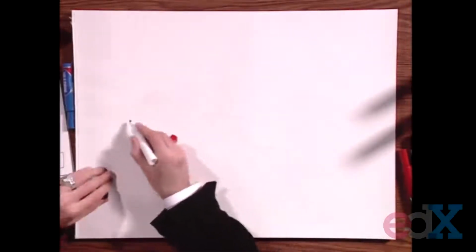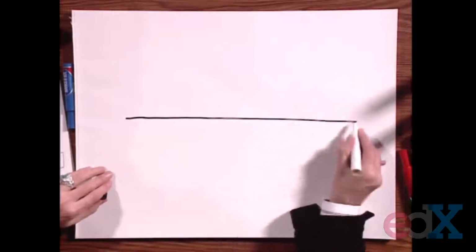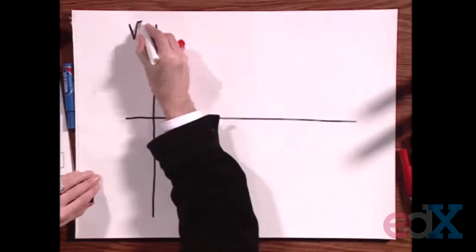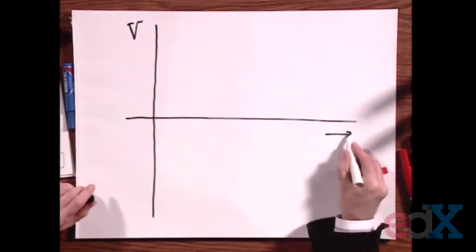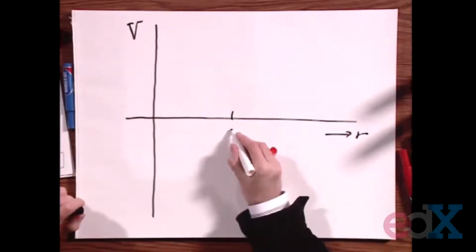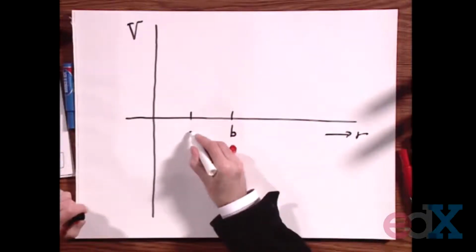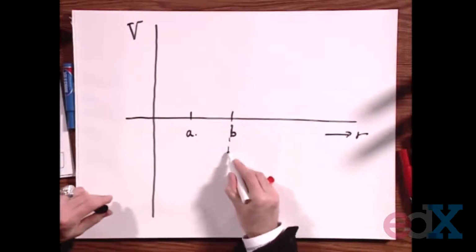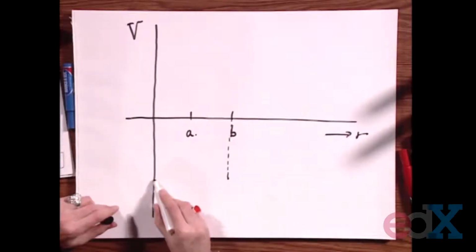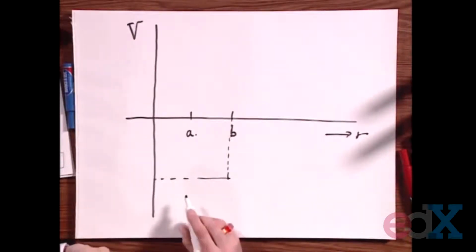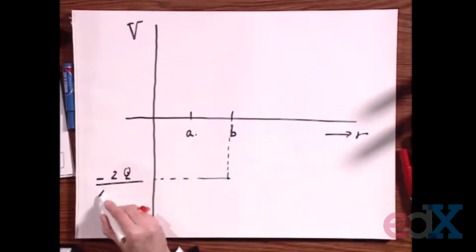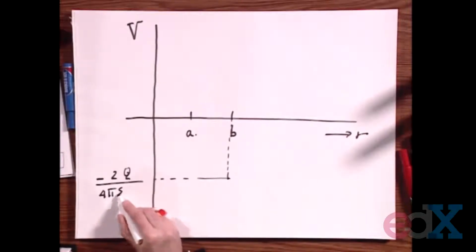I would also like to make a drawing of the potential as a function of r. It always helps. It gives you some insight. So here is the potential v, and here is the radius r. I have here the outer shell B and here the inner shell A. Well, the electric potential here we know equals minus 2q divided by 4 pi epsilon 0 b.